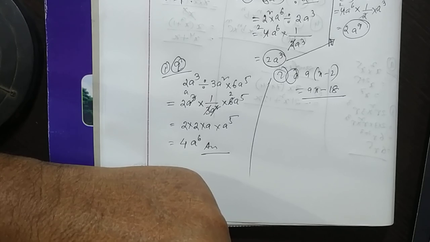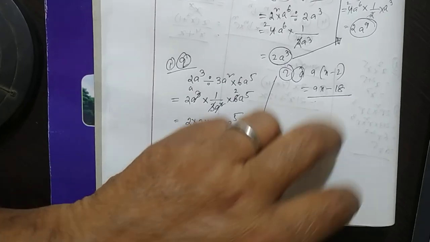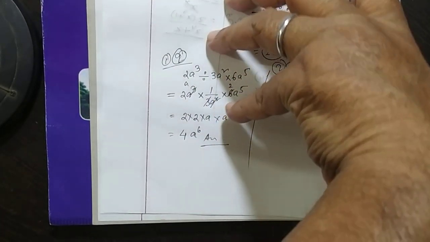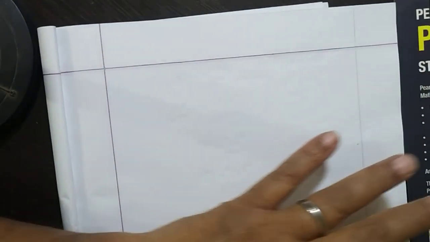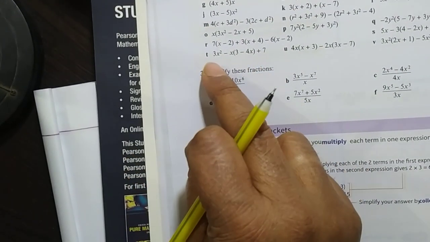Go to a little bit different maths. So how can I solve it? Go to the last 3 maths. So we have to go to the next page. Here we have these 3 maths.